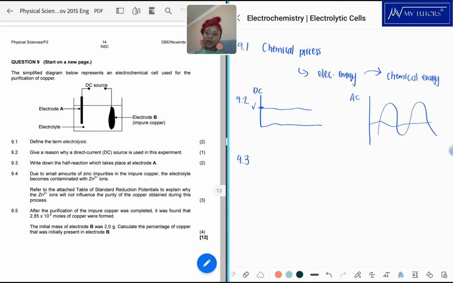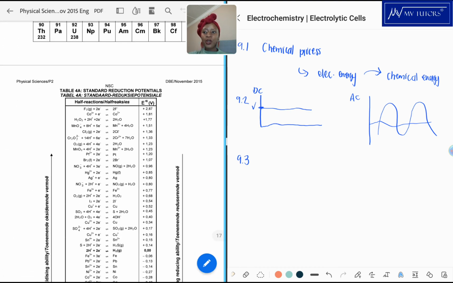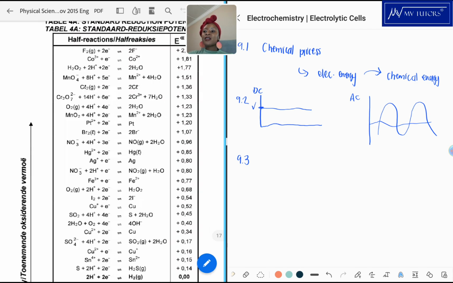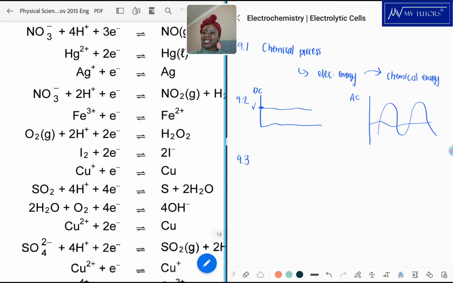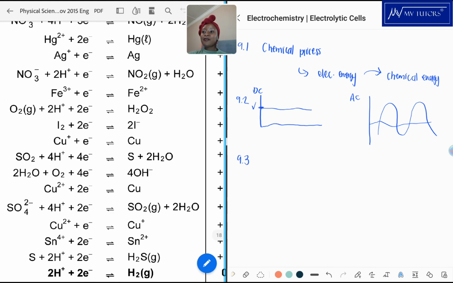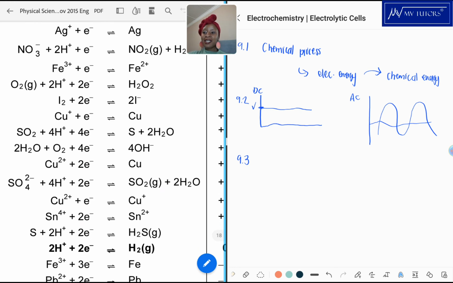That is the cathode. So if we're going to write down the half reaction that takes place at electrode A, we use our table of standard reduction potentials, and we're not going to change anything. We're going to write it as is. Which copper? There's copper plus 1 electron, then copper 2 plus with 2 electrons, and then copper 2 plus with 1 electron.